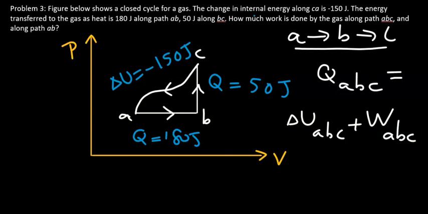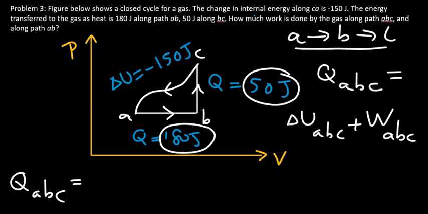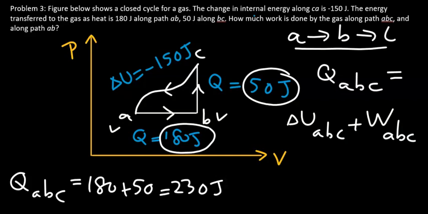Now we do know that the heat added for ABC is quite simply 180 joules plus 50 joules. So 180 plus 50, and that's going to be 230 joules, because 180 is from A to B and 50 is from B to C, so you just sum them up.